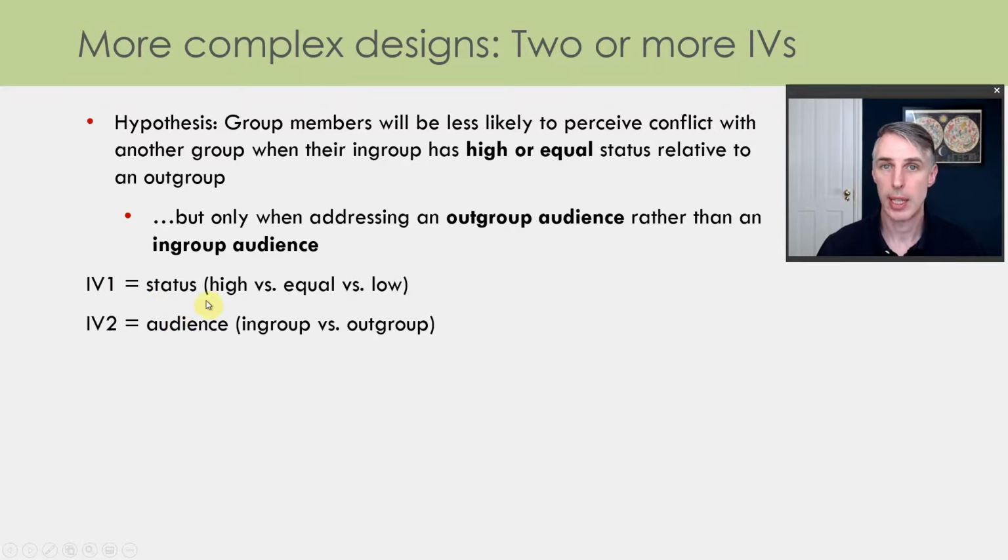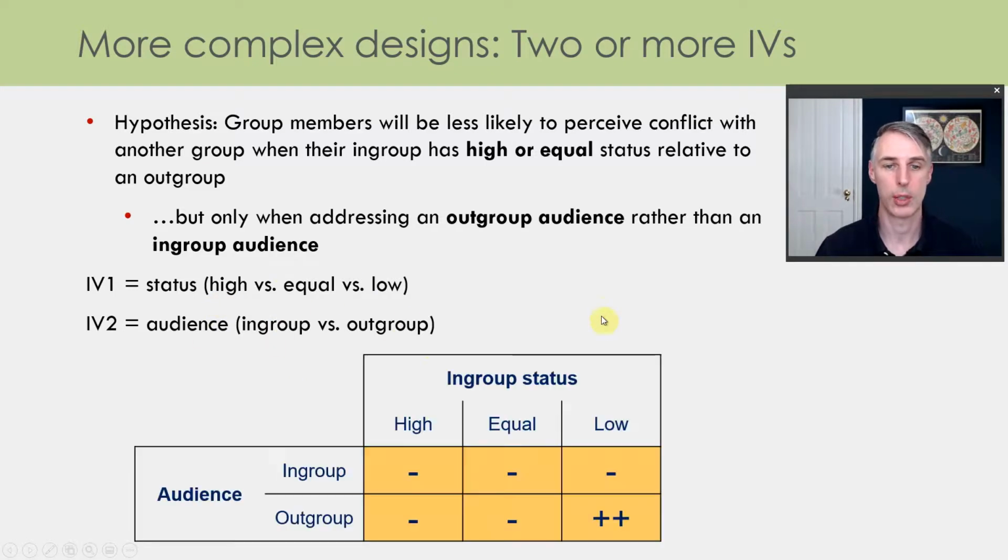But this time, status is being operationalized as having 3 conditions, high, equal, and low, rather than 2 conditions. So it's a 2-way design, but this time it is a 3x2 design rather than a 2x2 design, along the lines that we just saw. So 3 conditions for status and 2 conditions for audience.